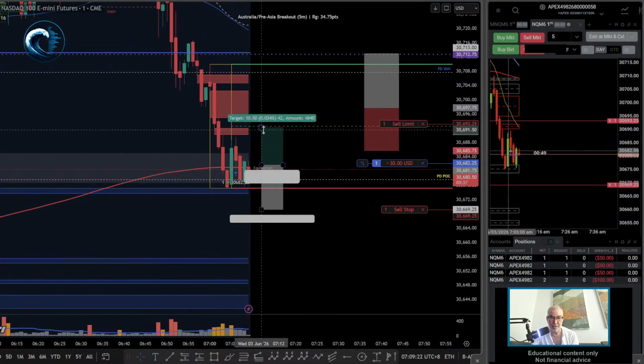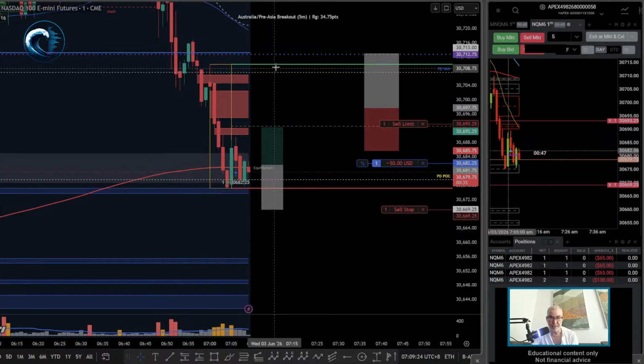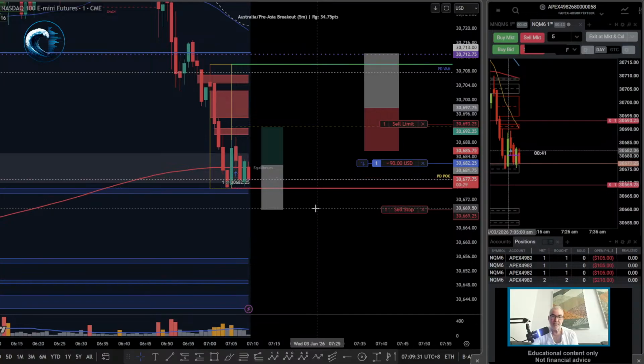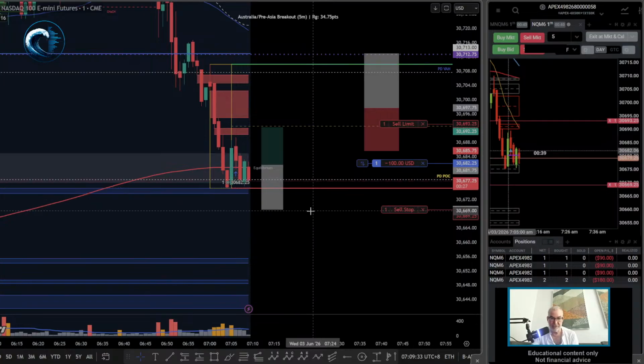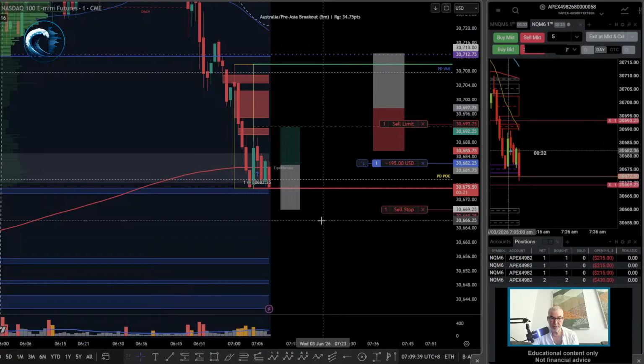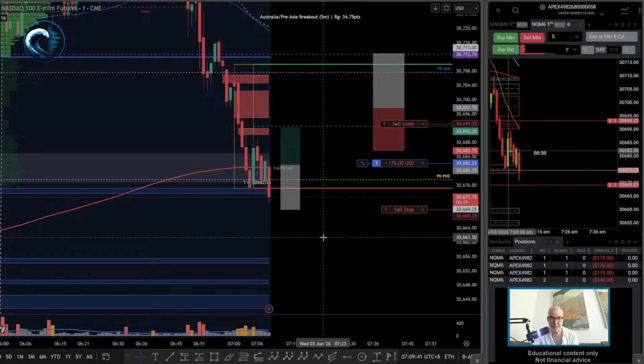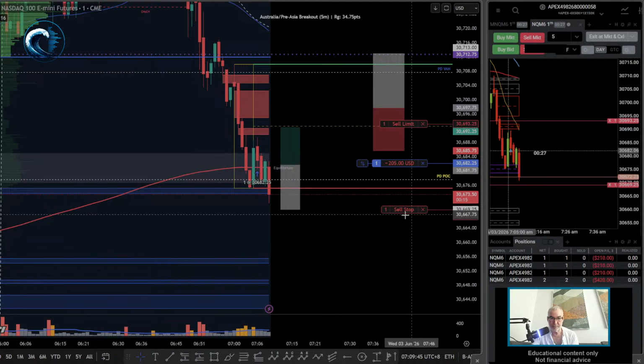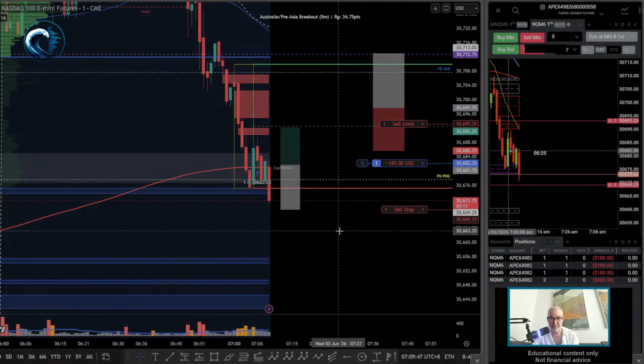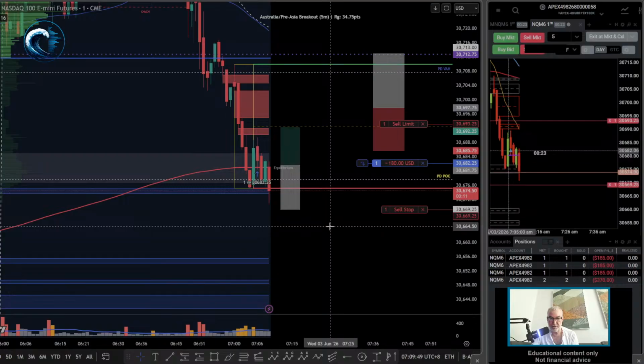So in an ideal world, I would chase this up to here, but it's looking a bit bearish at the moment. So I might be on the wrong side of this. Don't go too deep. All right, this isn't looking too good.